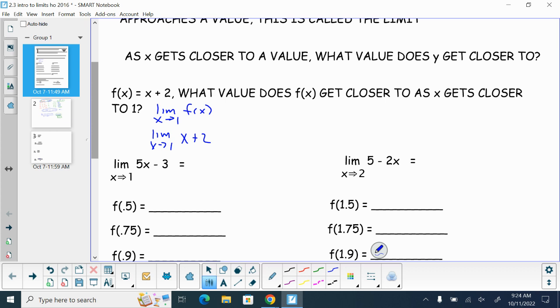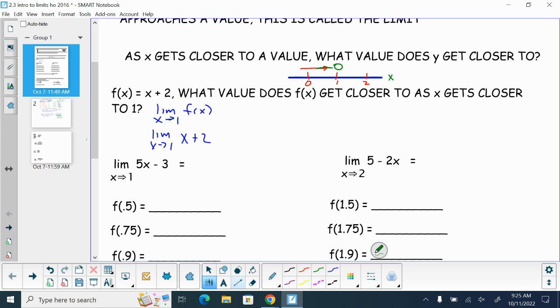So when you think about the idea of a number line, we have 0, 1, 2. What we are doing is getting closer to this value of 1, but we're never quite achieving it. So it's like having an open dot at the value of 1.